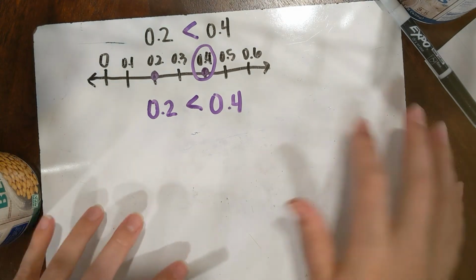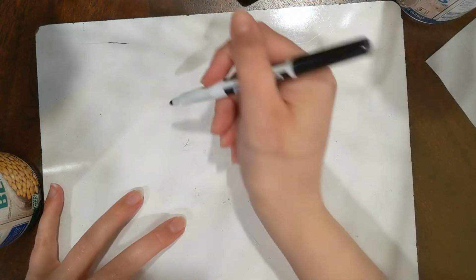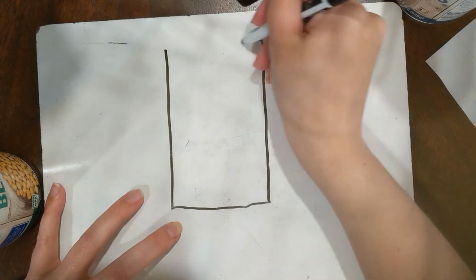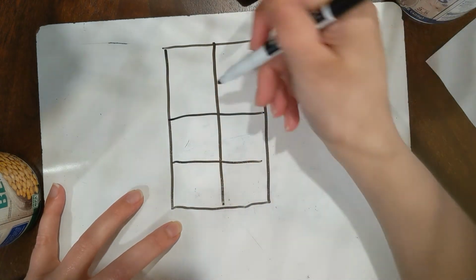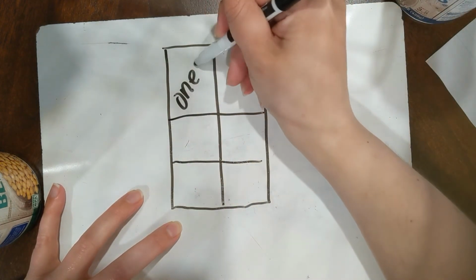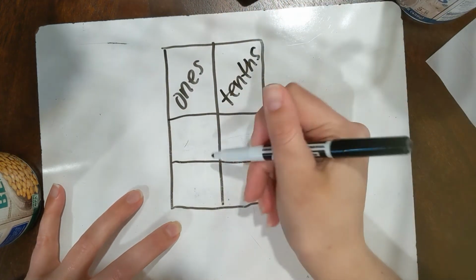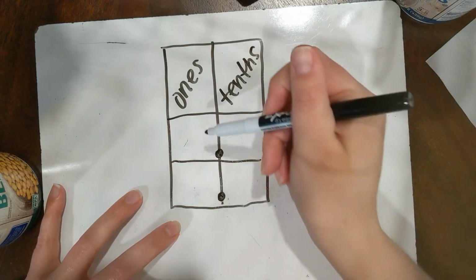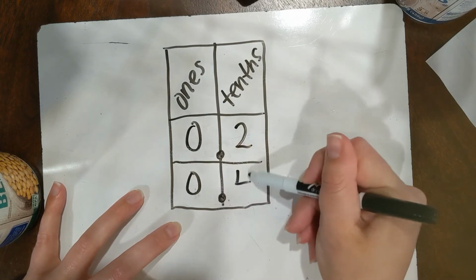Okay, so the other way to do that is using your place value chart. We have our ones, tenths, and we put a decimal between the ones and the tenths. So our numbers were 2/10 and 4/10.